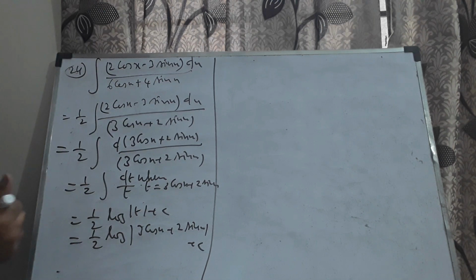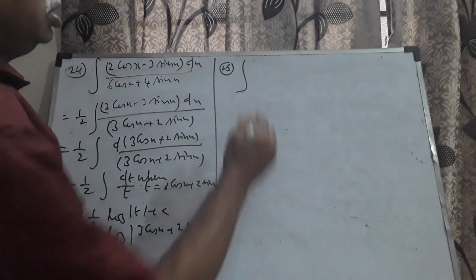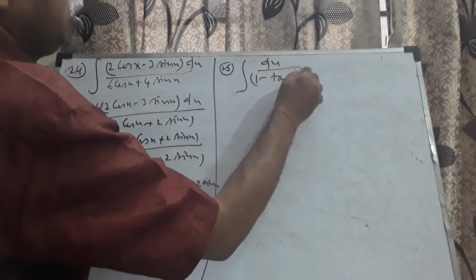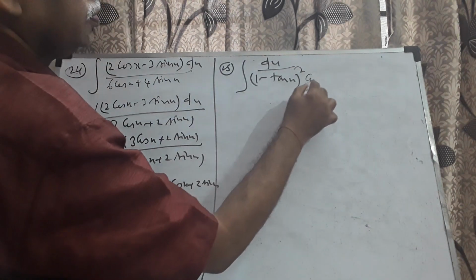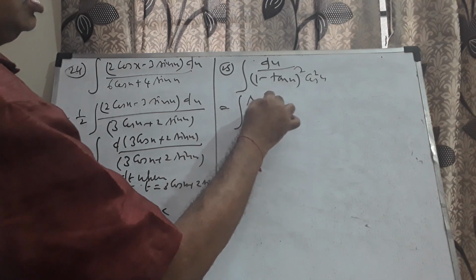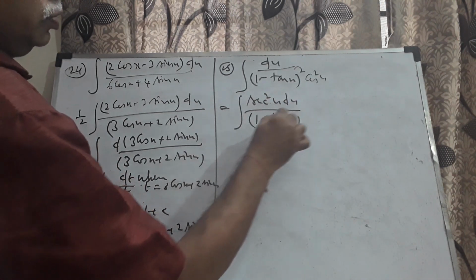Okay. Now the 25th problem goes like this. Integral dx by 1 minus tan x the whole square into cos square x. Cos square x is written at the beginning, it doesn't matter. Taking this to the numerator, secant square x dx by 1 minus tan x the whole square.